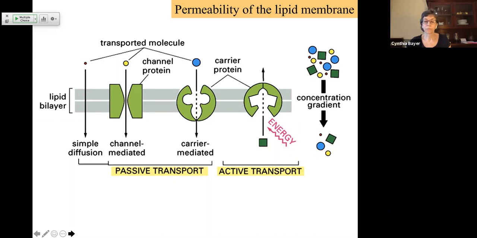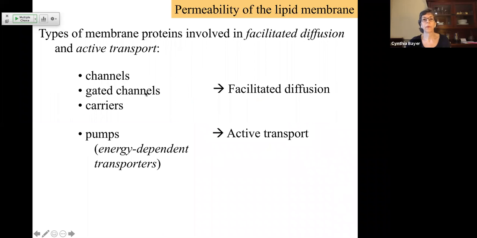All right, so let's look at some of these membrane proteins that we have drawn here in our membrane. Right, we have channel proteins. We have some types of channel proteins that are gated, meaning that they're closed until the cell receives some type of stimulus that will cause them to open.